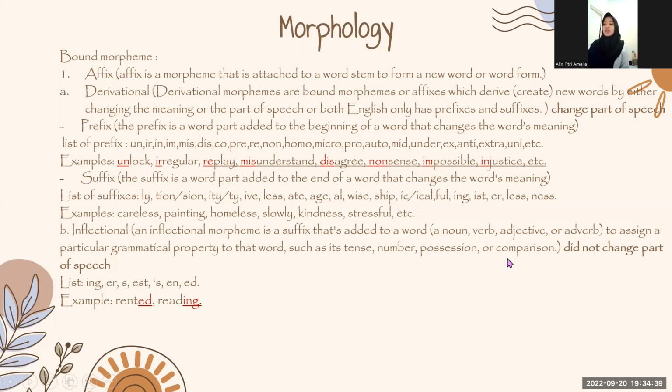The difference between inflectional and derivational is that inflectional morphemes do not change the part of speech or the meaning of the word. For the word reading, we add ing at the end of the word, but this does not change the meaning. So that is the difference between inflectional and derivational.